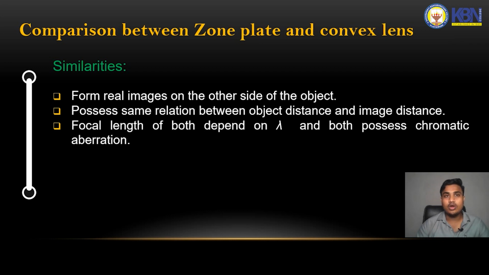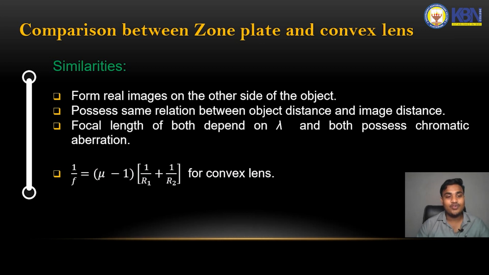You can see in convex lens, focal length is directly proportional to the wavelength of light, whereas in the zone plate the focal length is inversely proportional to the wavelength of the light. In convex lens, f is directly proportional to lambda, but in the zone plate, f is inversely proportional to lambda.